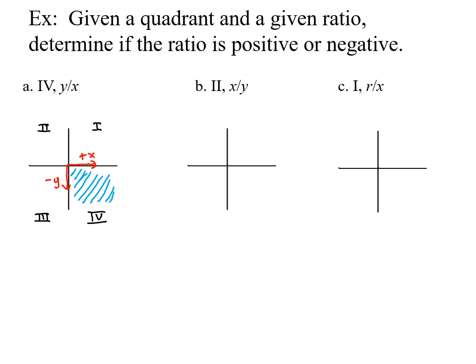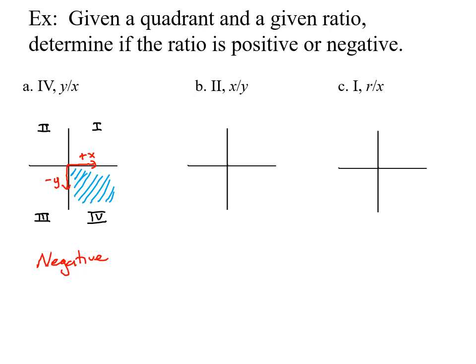So in quadrant 4, if you divide y over x, that should be negative, because a negative divided by a positive is a negative. Now you might also notice y over x is what we call tangent. That's tangent of an angle, y over x. Which means if you pick any angle that ends up in quadrant 4, every tangent value would have to be negative.